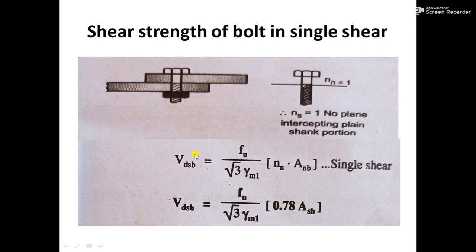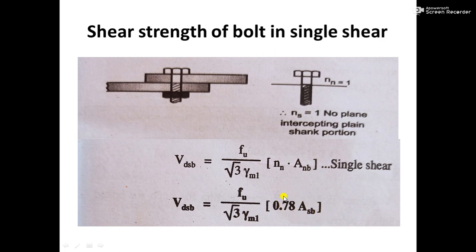Shear design strength in bolt is given by the formula Fu upon root 3 gamma m1 into (nn Anb + ns Asb) in general, and in single shear it is Fu upon root 3 gamma m1 into bracket 0.78 Asb.